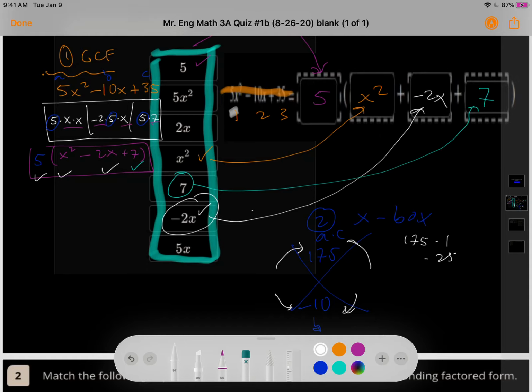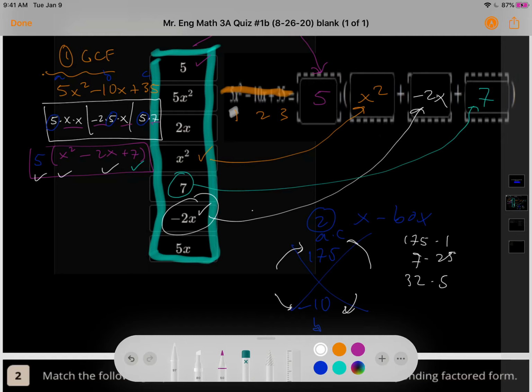25, how many quarters are in $1.75? There would be 7 of those. Maybe by 5. 5 goes into 17 3 times, and then 5 goes into 25 2 times. Don't check that one.